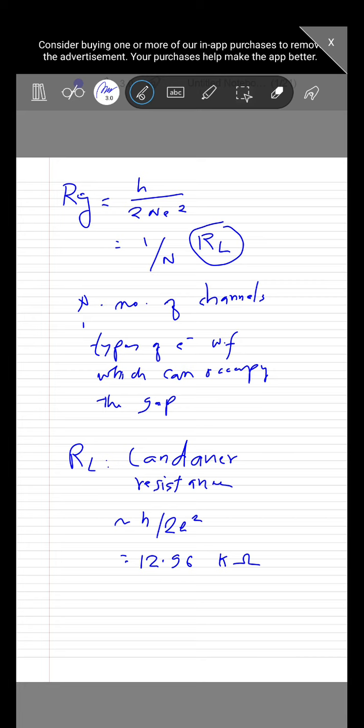So this is the minimum resistance that an electron in a nanostructure can have. However, the materials used in the quantum point contact do not contribute to its resistance.